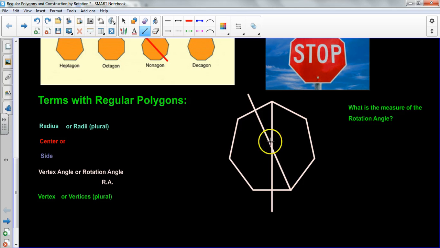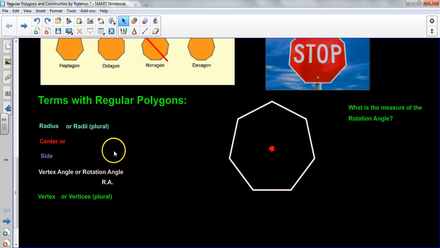And now we know the center has to be on both lines of symmetry, don't we? So the center point would be right here, at that intersection. We just constructed the center without guessing where it is; we used symmetry concepts to find it. Now that I have the center of my polygon, I'm going to delete these lines of reflection that I used. So now I have my center.